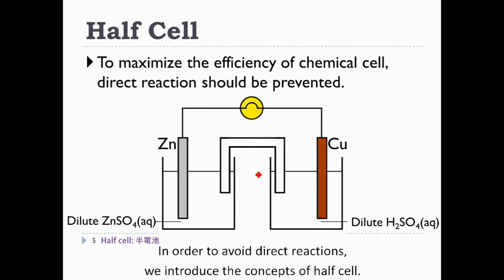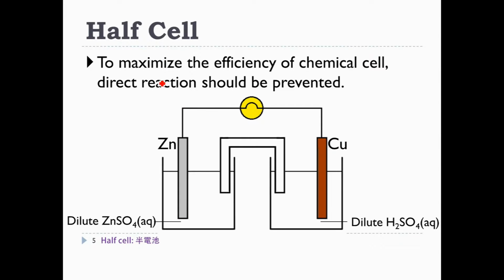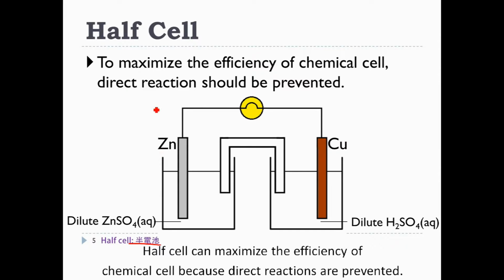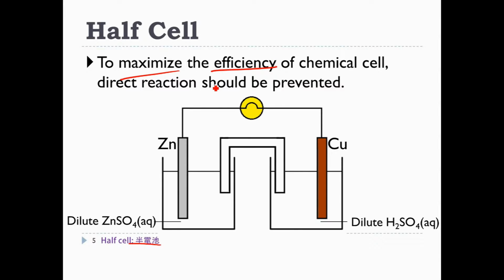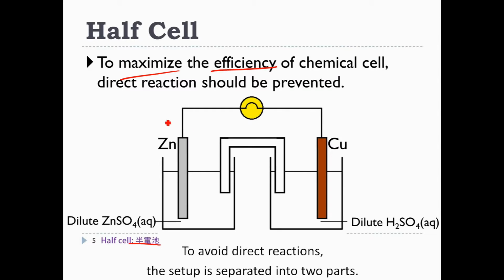In order to avoid direct reactions, we introduce the concept of half cell. Half cell can maximize the efficiency of chemical cell because direct reactions are prevented. To avoid direct reactions, the setup is separated into two parts.